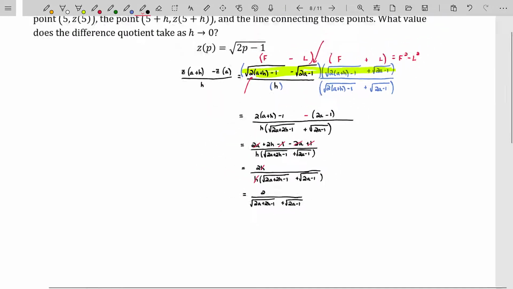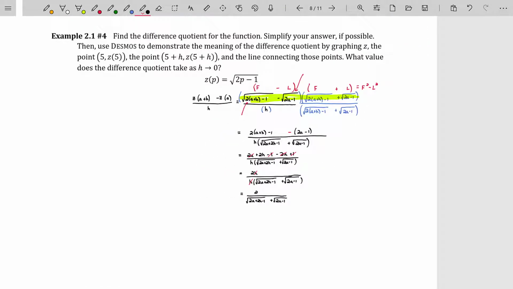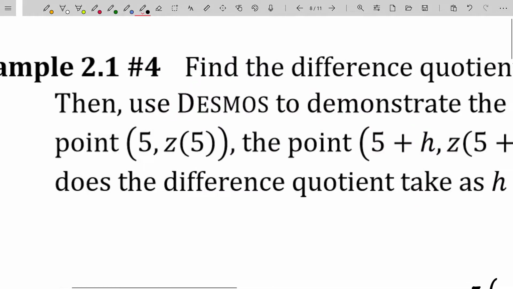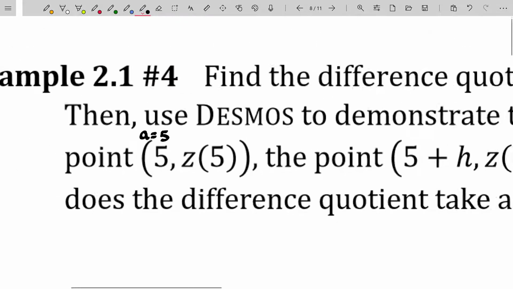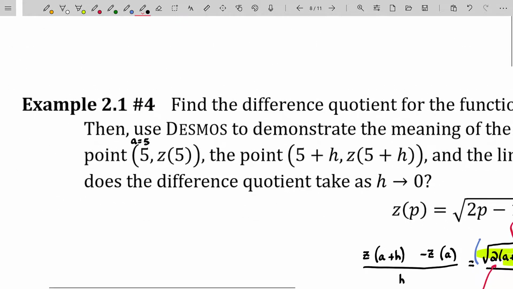However, I do want to mention before we go into Desmos that we are eventually going to say, well, I'm interested in finding out what the value of this difference quotient is if a is equal to 5. That's really what's being asked here. We have 2 points, 5 comma z of 5, and 5 plus a wiggle, comma z at 5 plus a wiggle.